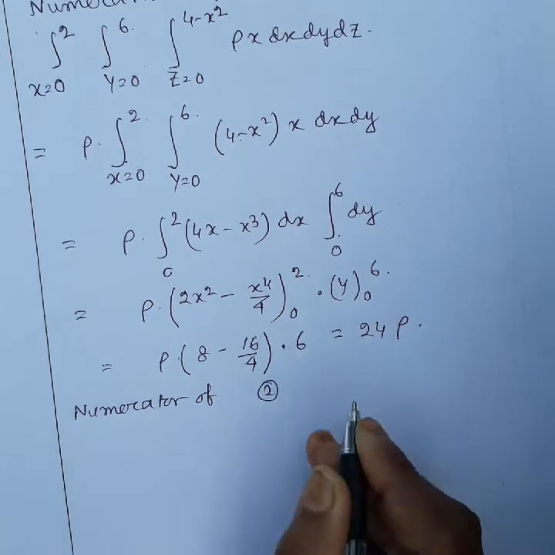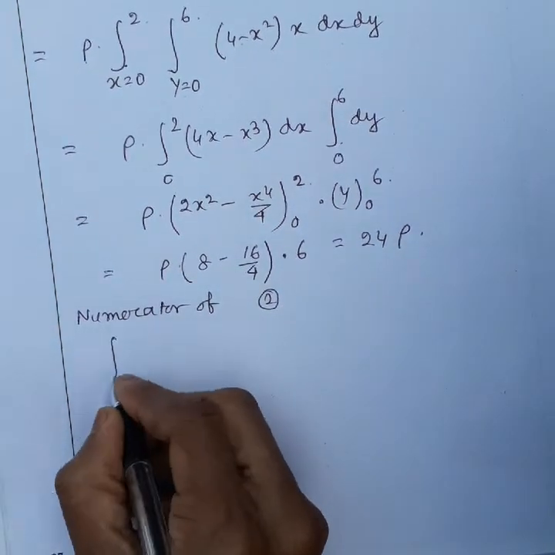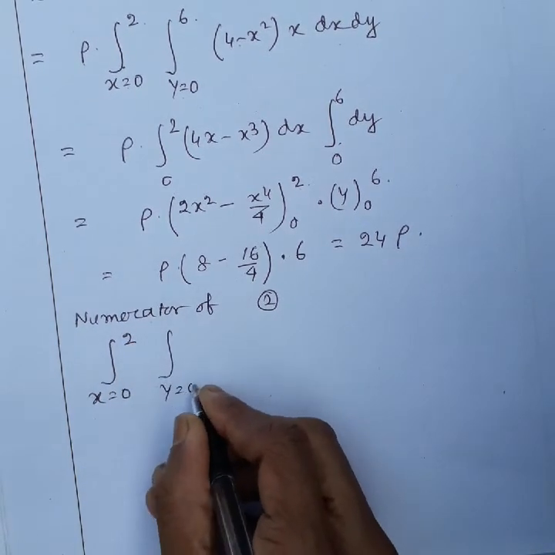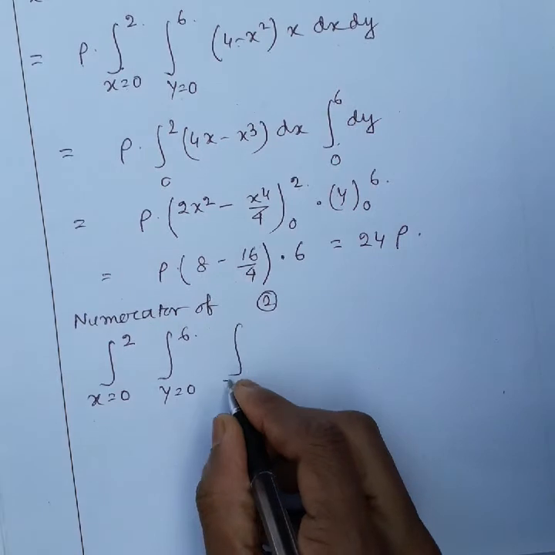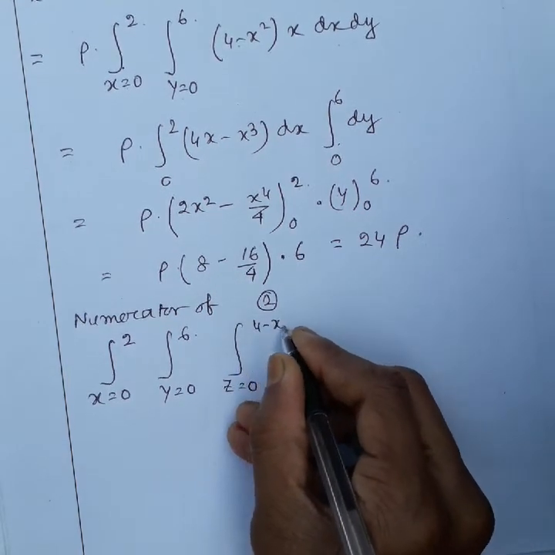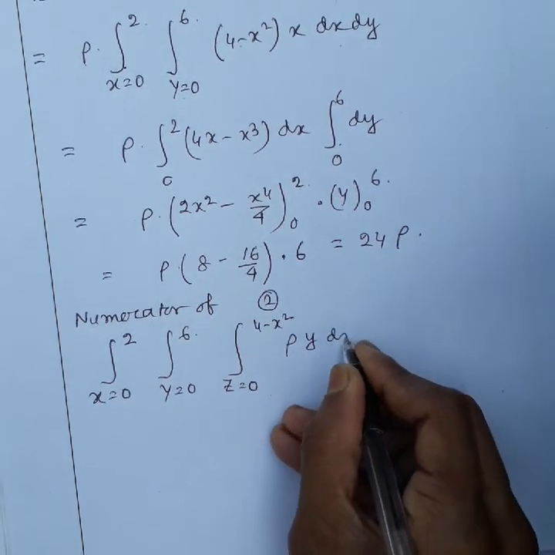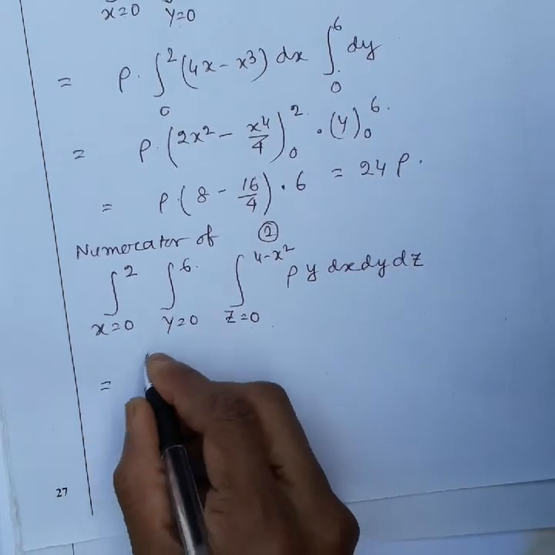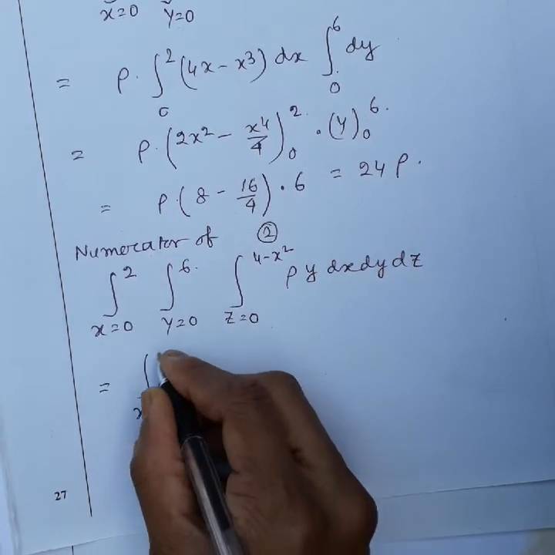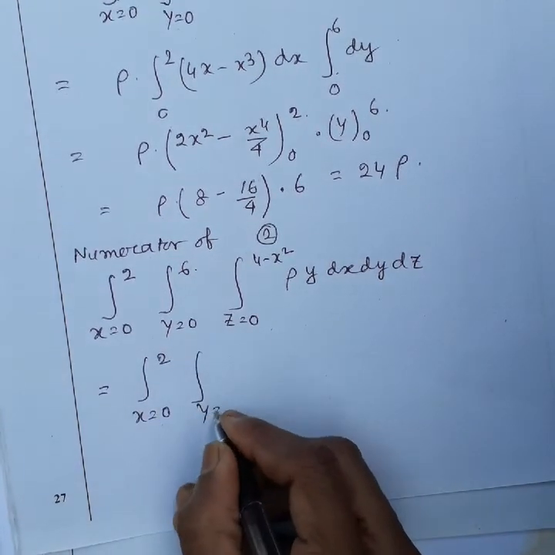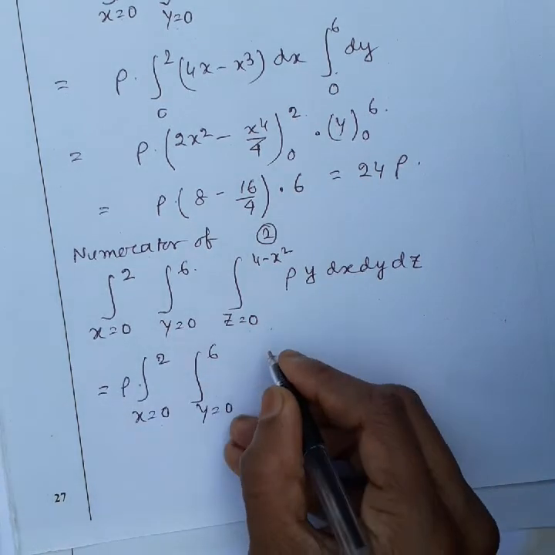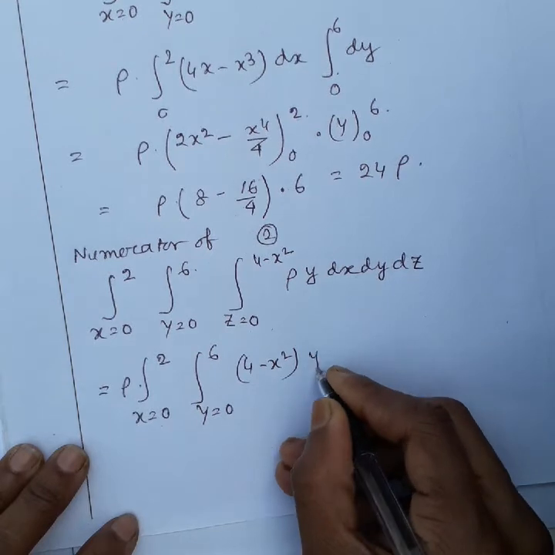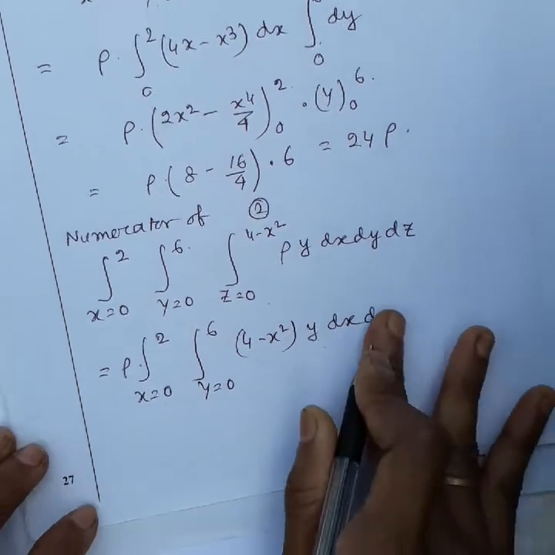Numerator of 2, this is the integration of x from 0 to 2, y from 0 to 6, integration of z from 0 to 4 minus x square, rho y dx dy dz, that is equal to rho, this is 4 minus x square into y dx dy.